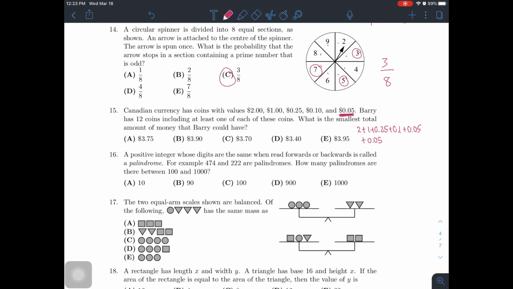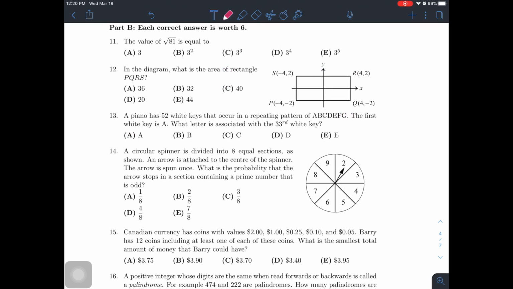So we do 0.05 multiplied by 12 minus 5. If you use your calculator, you get that the answer is equal to 3.75. Therefore, the answer is C. Oh, sorry, the answer would be A.